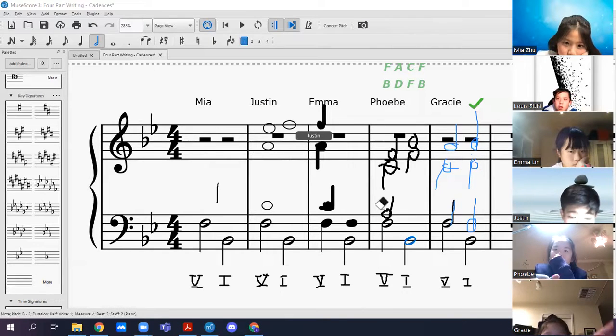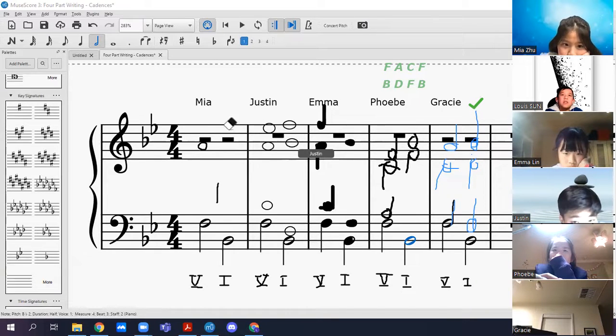So remember, look at this. The leading note of B flat major is A, right? So for a very convincing perfect cadence, you want the leading note A to the tonic B flat in the soprano, like I just did for Mia's.